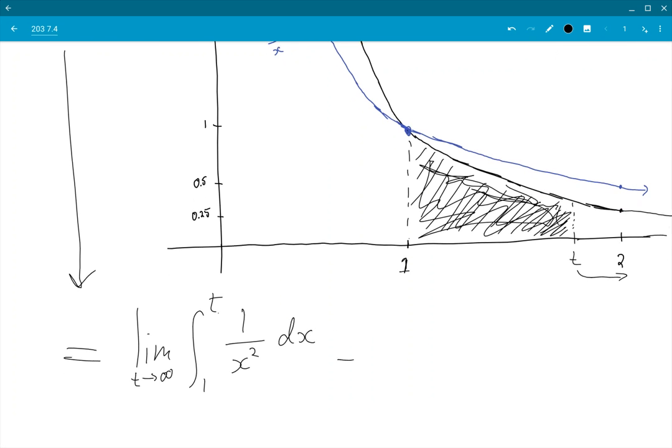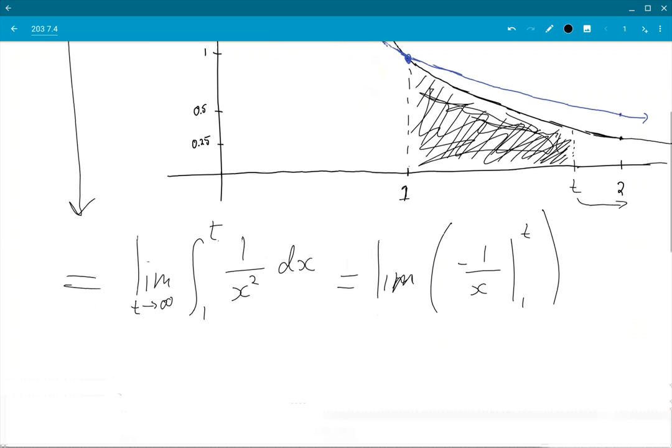So how we evaluate this is we forget about the limit for now and just leave it out front. Do the antiderivative, minus 1 over x from 1 to t, and do the limit.